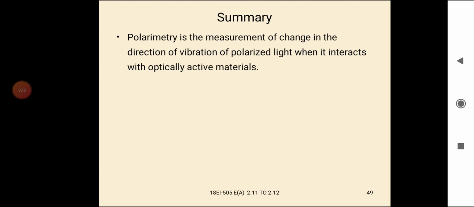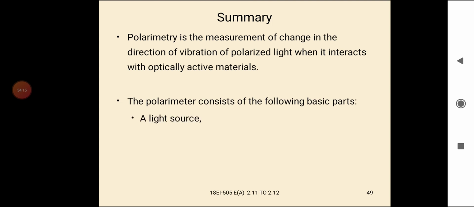Polarimetry is the measurement of change in direction of vibration of polarized light when it interacts with optically active materials. A polarimeter consists of the following basic parts: a light source, polarizer, analyzer.